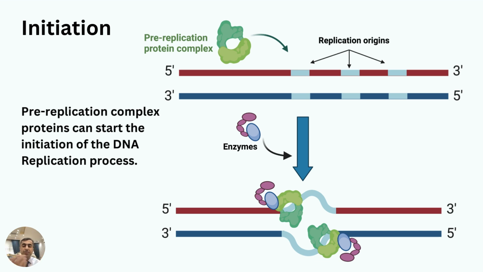As explained in the previous video, in eukaryotes there are multiple replication origins, whereas in bacterial cells there's only a single origin of replication. The pre-replication protein complex, with the help of other enzymes acting as helicase, opens the double-stranded DNA in order to start replicating the DNA itself.